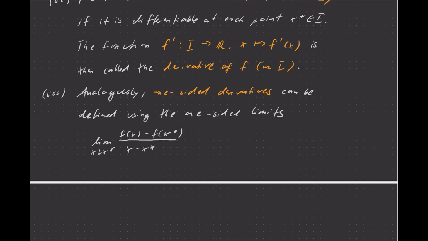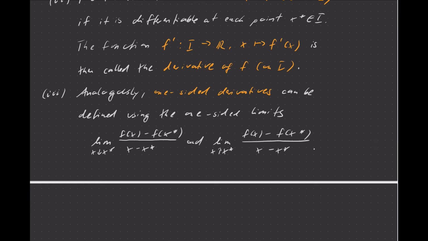Like this, and x could tend to x star from below, and again the difference quotient is the same. And of course, if a function is differentiable, then these one-sided limits will agree and exist at the given point x star.